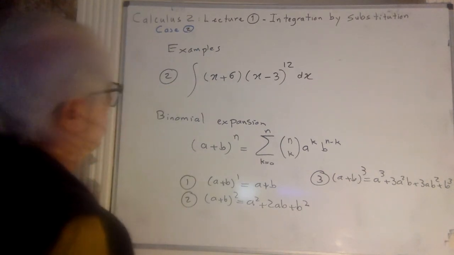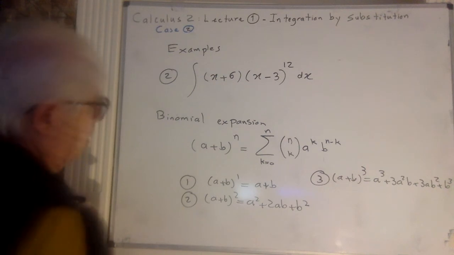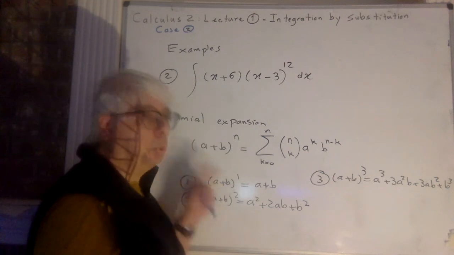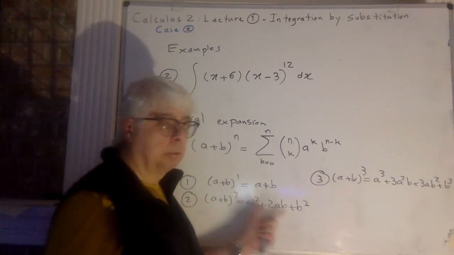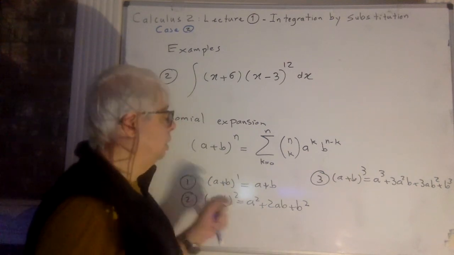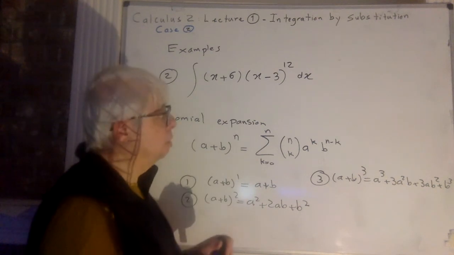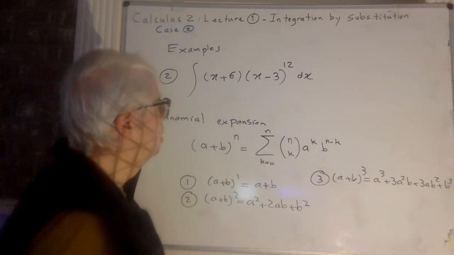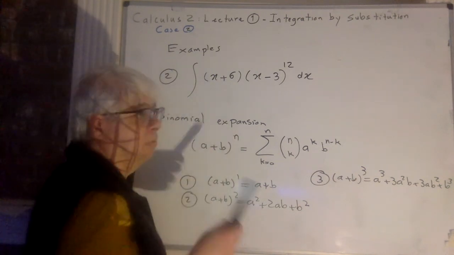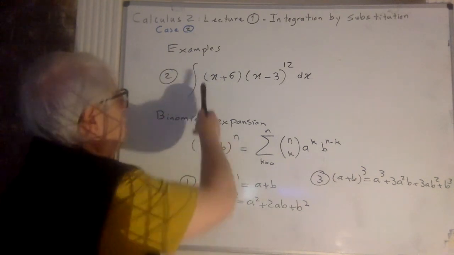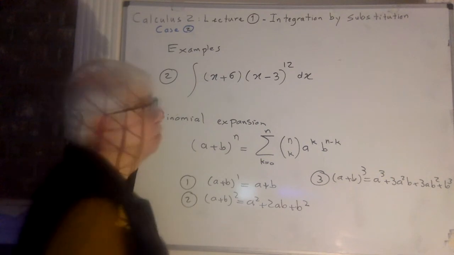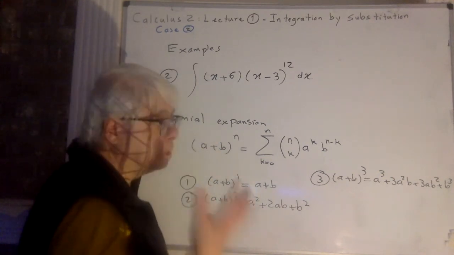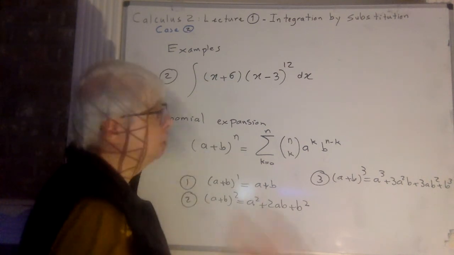So at 12, let's see. This raised to power 2 gives me 3 terms, to the power 3, 4 terms. So this should give me 13 terms, if I find them correctly, times x, that is 13, and times 6, that's another 13, so I have 26 terms to integrate.